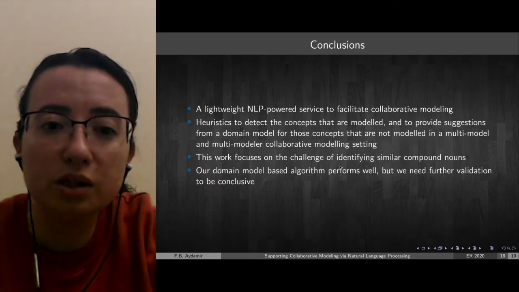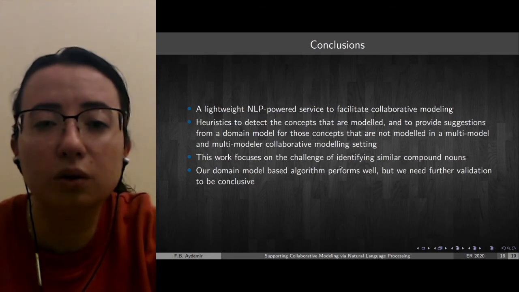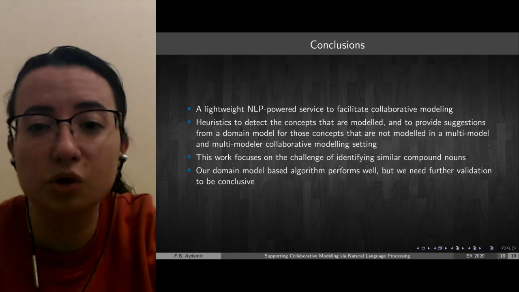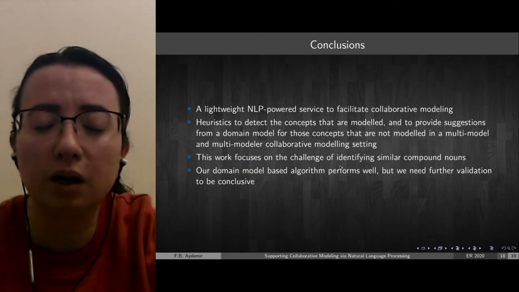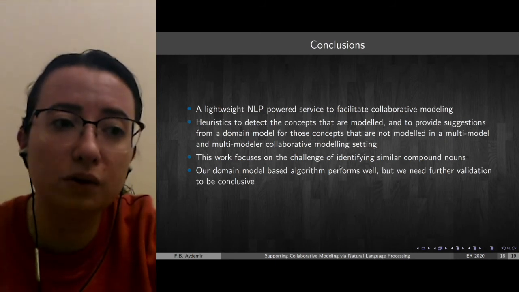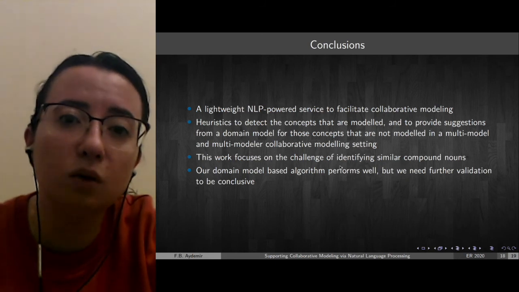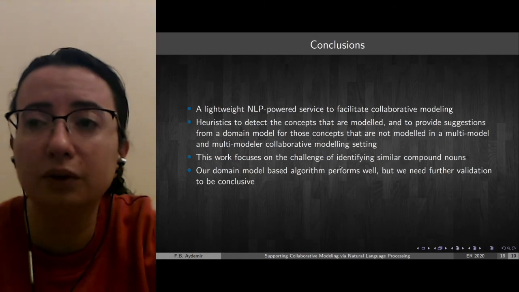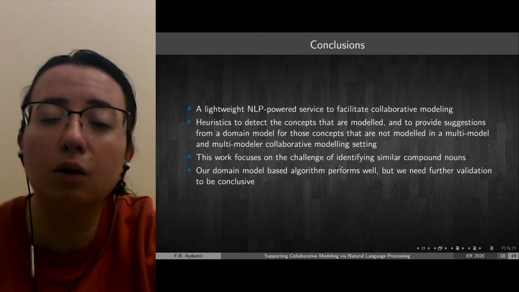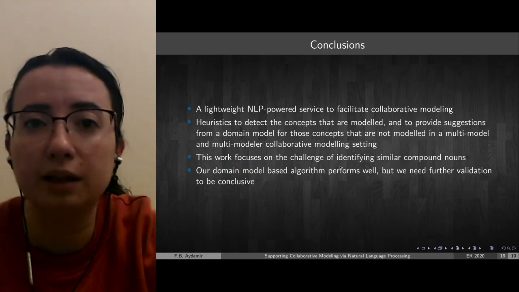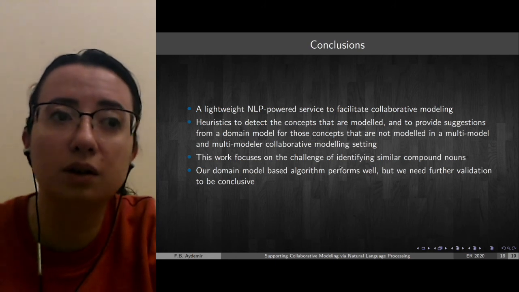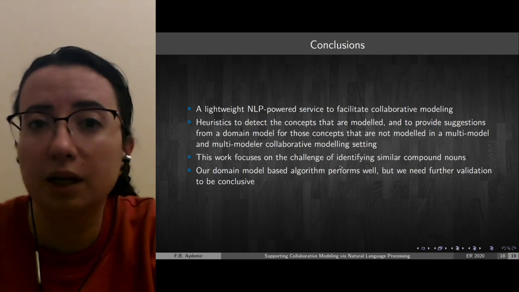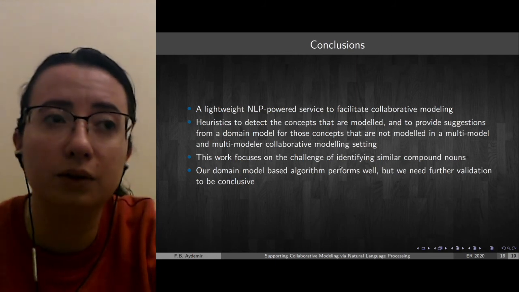So in conclusion, we provide a lightweight natural language processing-powered service to facilitate collaborative modeling. Our service is agnostic of the modeling languages, so there is no need to align metamodels, but we focus on keeping track of what is included in the models, and our aim is to cover the same domain, so we want the terms to be as similar as possible in different models.